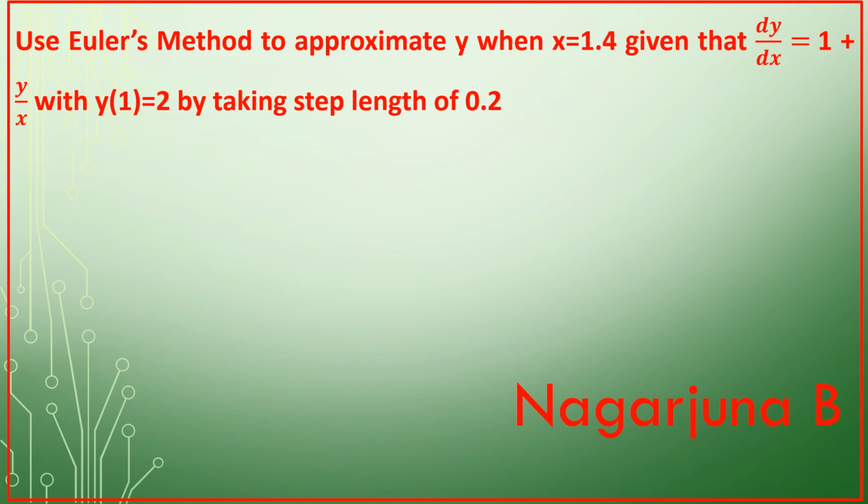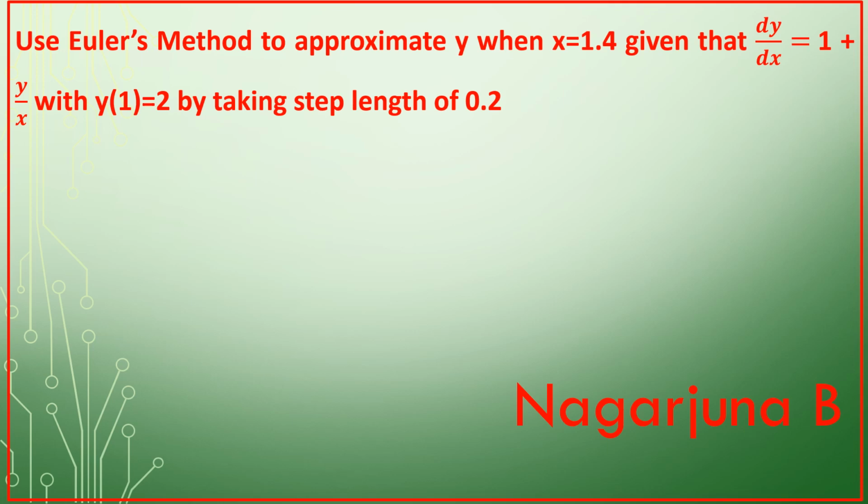We need to use Euler's method to find the solution to the differential equation given here, dy by dx is equal to 1 plus y by x, and they have given the initial condition y of 1 is equal to 2, and they have specified the step length as 0.2, that is, the h value is equal to 0.2.